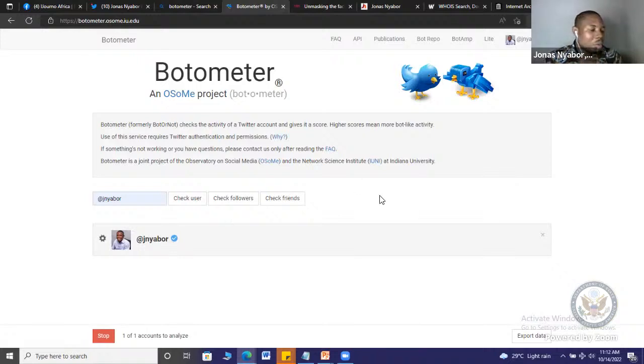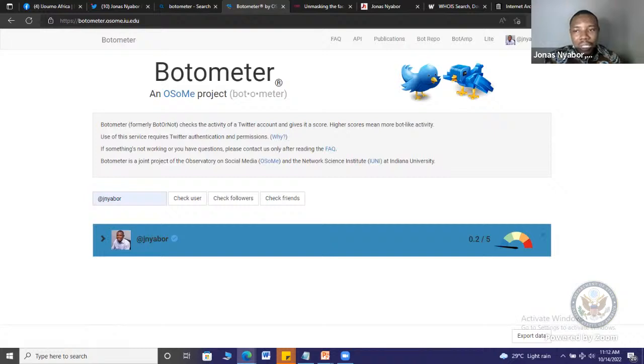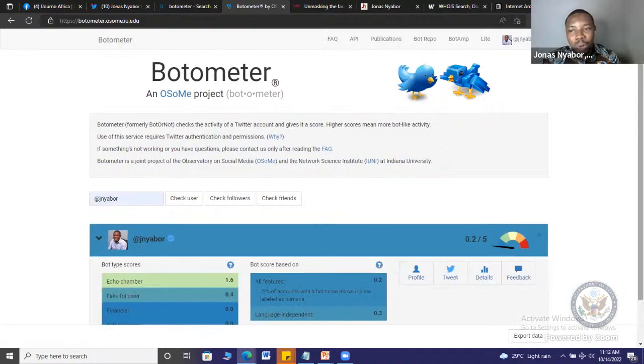So in determining what a bot account is, there are different metrics that it uses. So in my case, it has given me 0.2 out of 5. So the total score is 5. So as you can see, when you get to 5, you'll be in the red zone. So that would be like most likely this account is a bot account. Mine is a 0.2, which is human, a human account. So you can click for details.